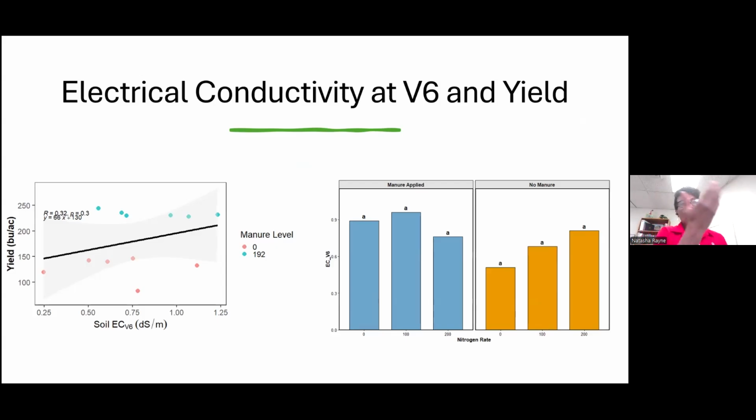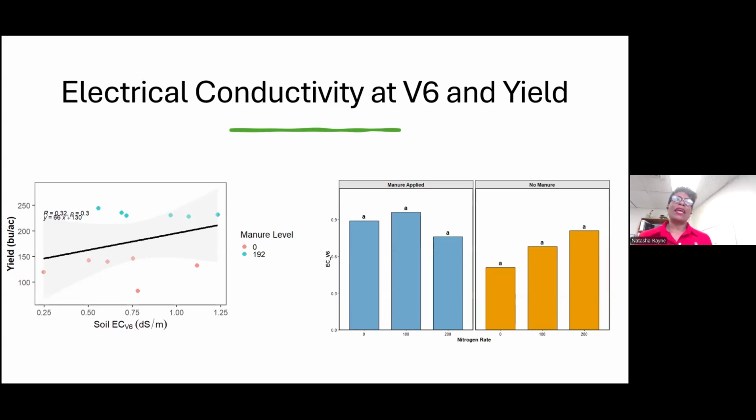It's not just ammonium and nitrate and whatnot. It's a lot of ions. And what we expected to find is that manure would have higher values of electrical conductivity, which again tells us something about the chemistry. It tells us something about the mineralogy of the soil.